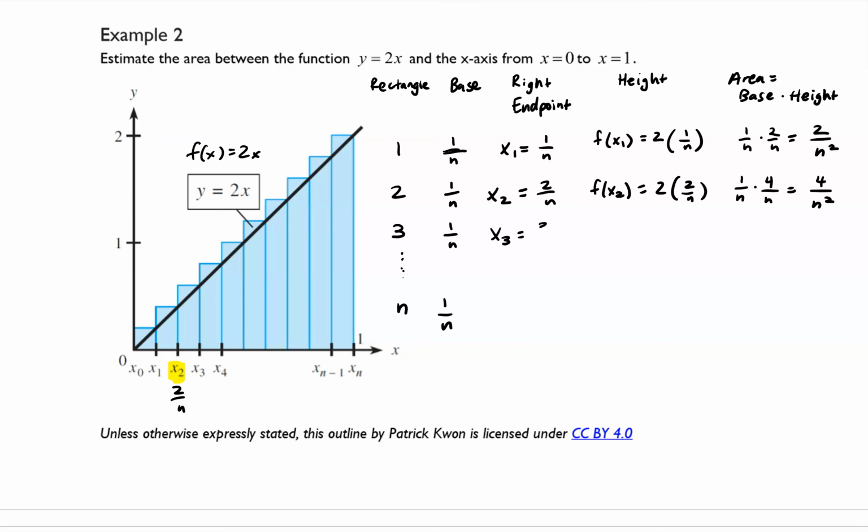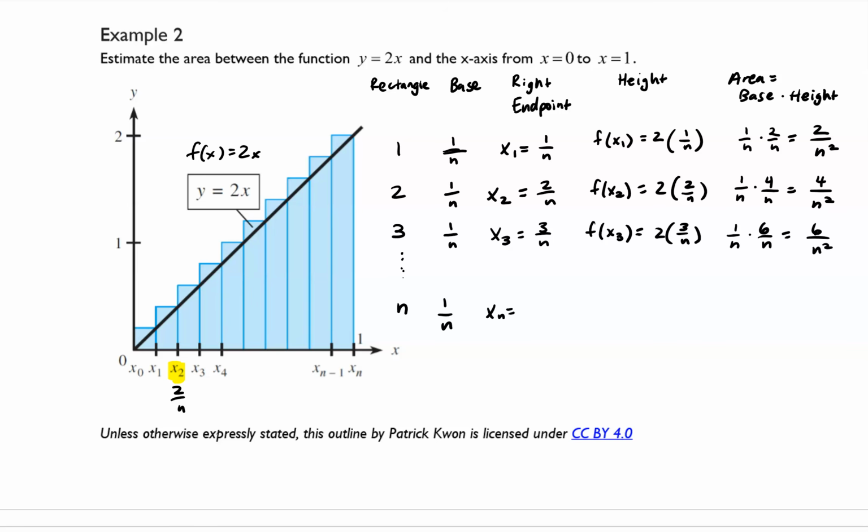Then x3 will be 3 over n, and f of x3 is going to be 2 times 3 over n, and then the area of the rectangle will be 1 over n times 6 over n, so that will be 6 over n squared. And hopefully you're seeing a pattern here that's happening.